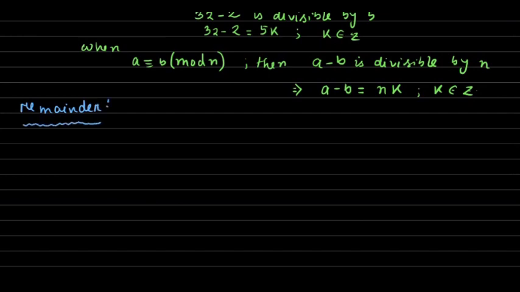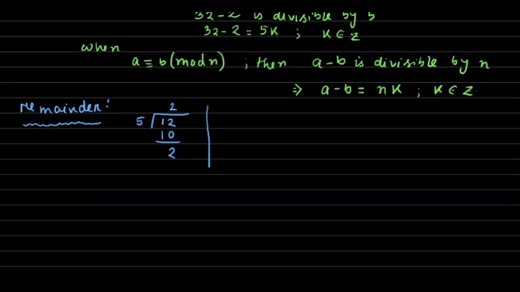Let's say the number 12 is divided by, let's say, 5. Then we can write 5 twos are 10. That gives me remainder as 2. So this is the first method.